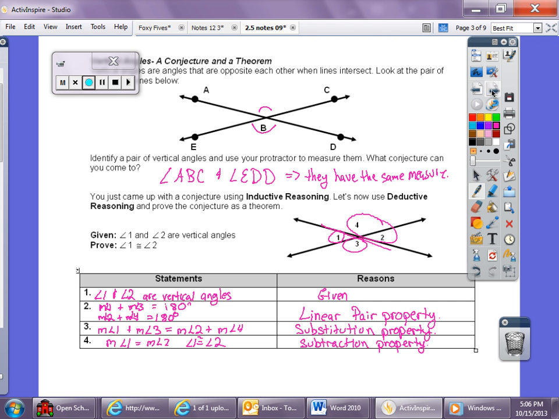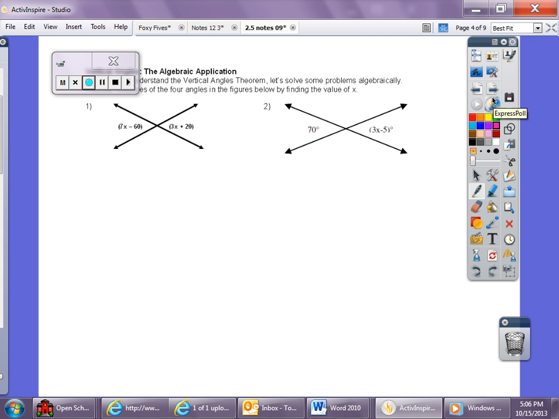If we look at the next one, we have our vertical angles. It says to solve these problems algebraically and then find the measure of the 4 angles in the figure below. We know that these are vertical angles, so 7x minus 60 equals 3x plus 20. Vertical angles, so they're equal.